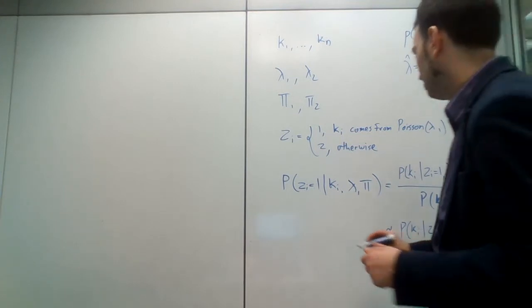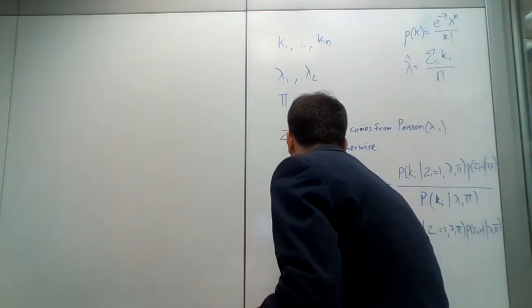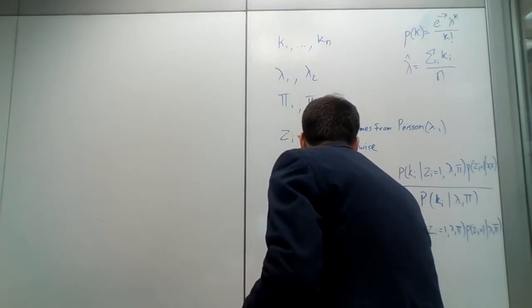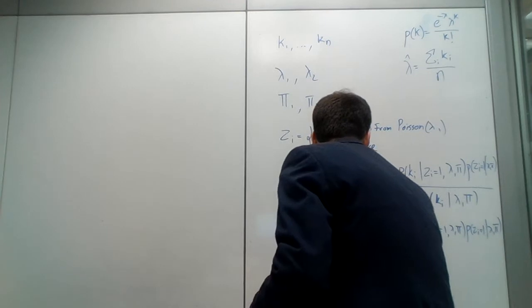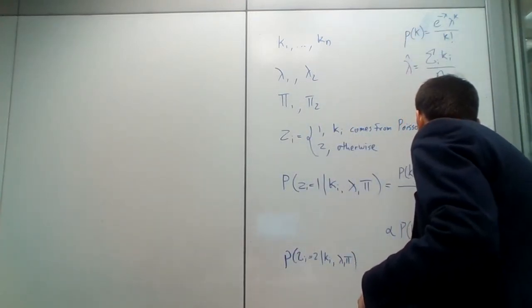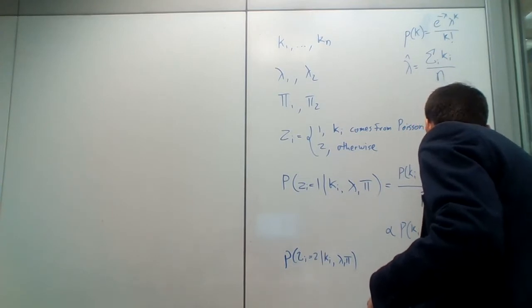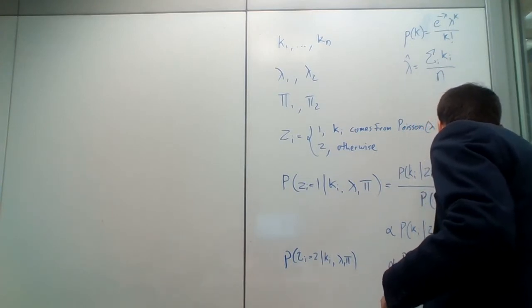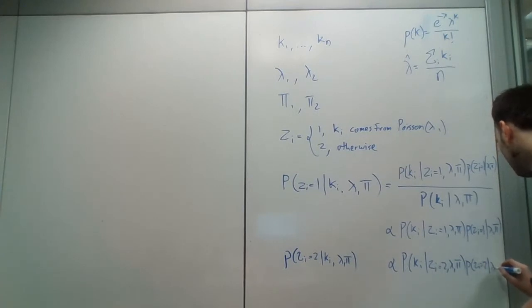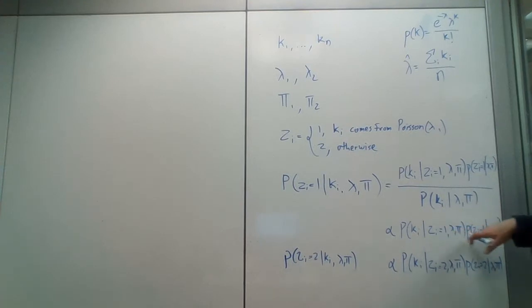The probability that zi is equal to 2 given ki and lambda and pi is, again, proportional to the probability of ki given zi equals 2 and lambda and pi, times the probability that zi is equal to 2 given lambda and pi. We actually know how to compute both of those expressions already, right?